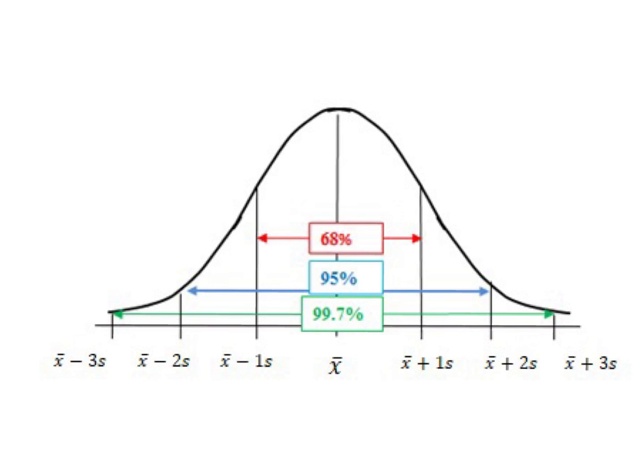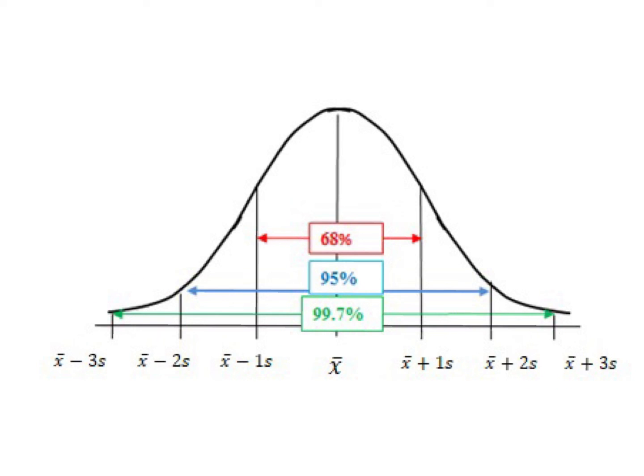Here's the same picture in the shape of a bell with the same percentages. These are percentages you need to know. Between 1 standard deviation is 68% of the data. Between 2 is 95. Between 3 is 99.7.